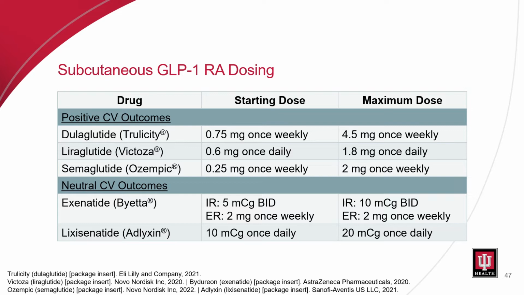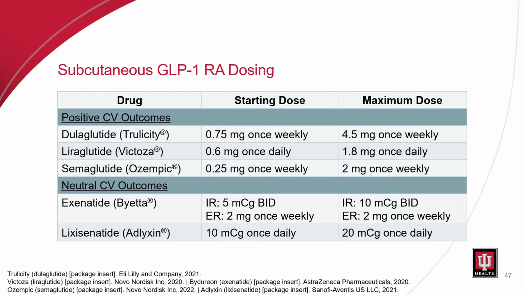I do want to point out that a lot of these are dosed weekly, which could be an advantage for patients that may want to decrease their daily injections. However, liraglutide or Victoza is dosed daily, as well as lixisenatide. And the exenatide Byetta immediate release formulation is dosed twice a day.